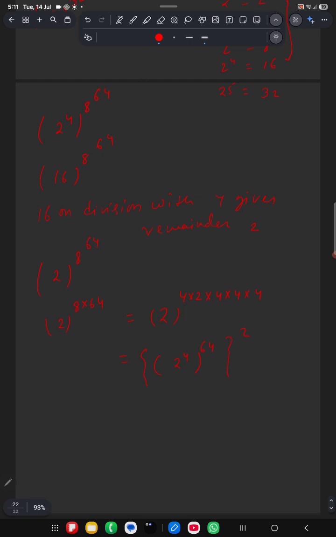So the benefit is that 2 raised to the power 4 has cyclicity 4, so every time you will get 2 as the remainder, and finally raised to the power 2, so 4. Therefore the remainder is 4. Thank you.